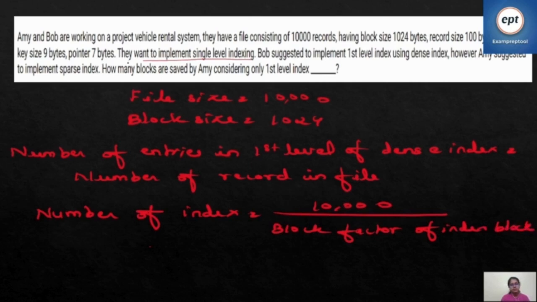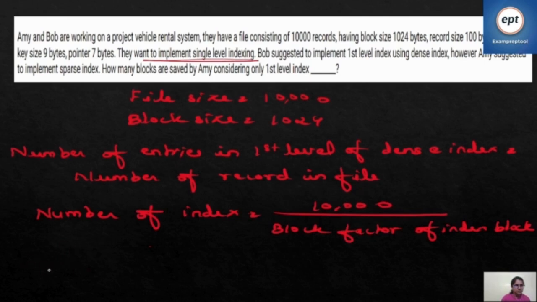So we read the question, and from that we decoded some information like the file size, block size, and what the number of entries will be equal to. It will be equal to the number of records in file. If we have to calculate the block factor of index, it will be the block size divided by the size of an index entry. Okay, so let's do it.